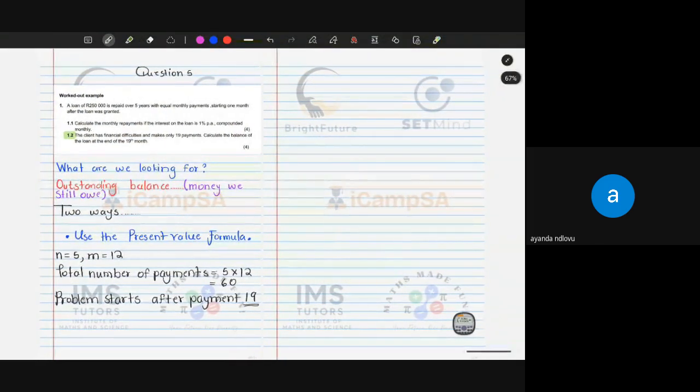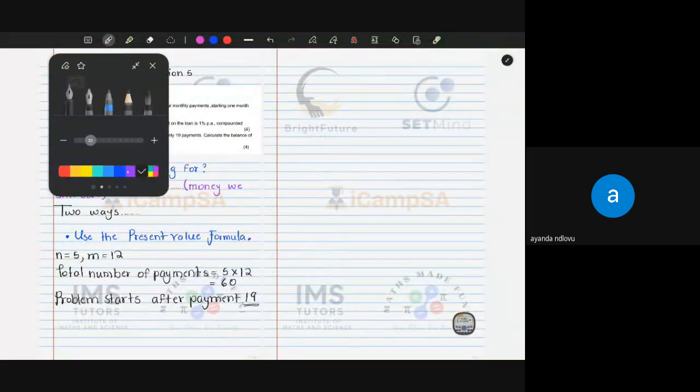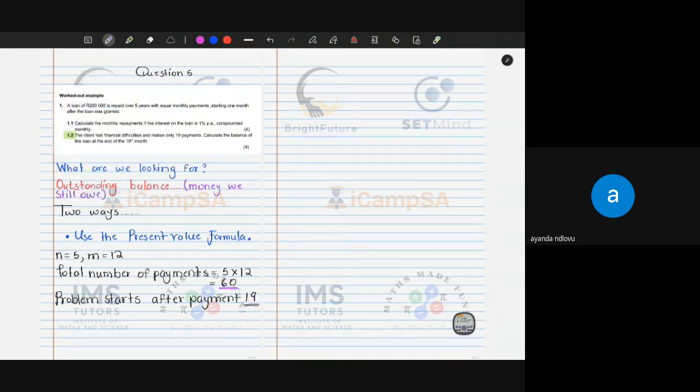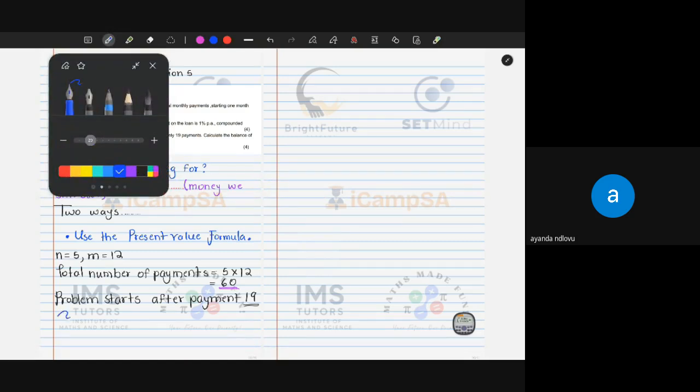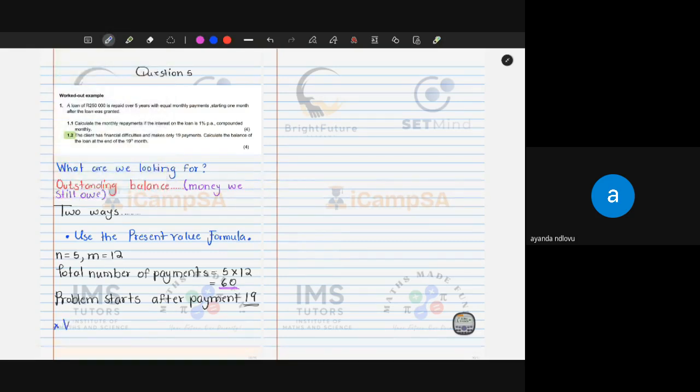So because we know how much we need to pay per month, if we didn't default, we can figure out how many payments are left from 60. So we have 60 minus 19, which is equal to 41 payments left.